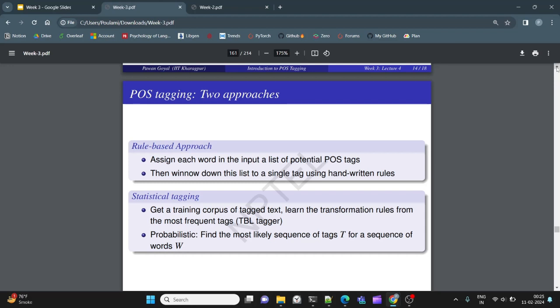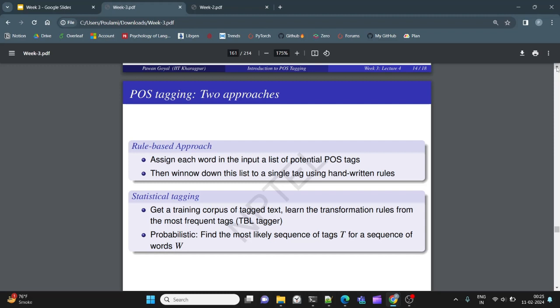For example, handwritten rules can be, say, if a word is ending with ed, ed is a very clear indication that it's a past tense, and tense is usually marked on a verb. So that is an indicator. So this could be a handwritten rule that if a word ends in ed, it is a verb.